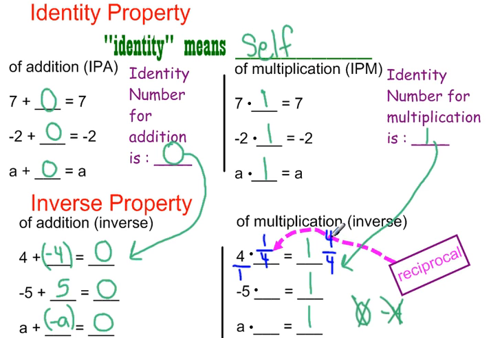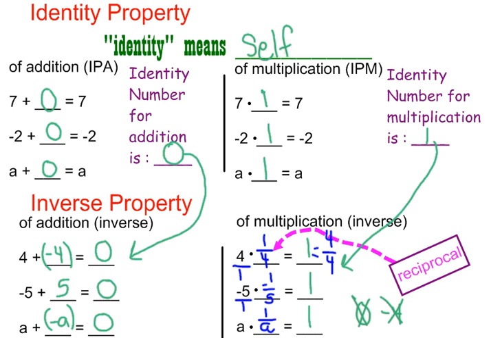What is 4 over 4, or 4 divided by 4? Turns out it's 1. So the reciprocal is what we're looking for in here. So the reciprocal of negative 5, well, let me put it over like that, is going to be negative 1 over 5. And what about for the number A? Well, it would be 1 over A. These numbers are called reciprocals.